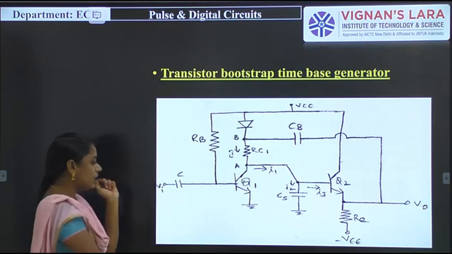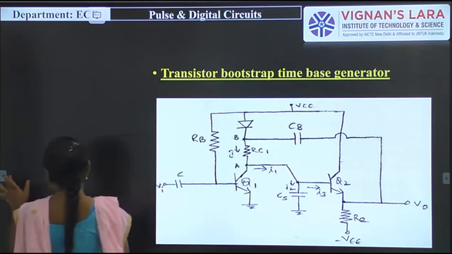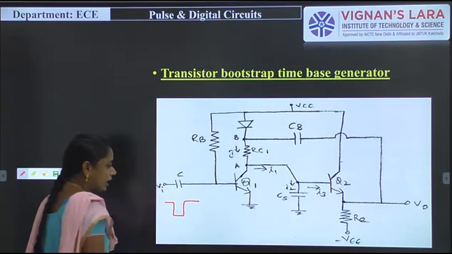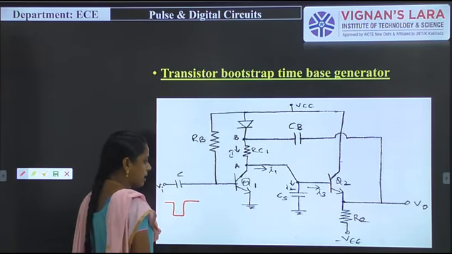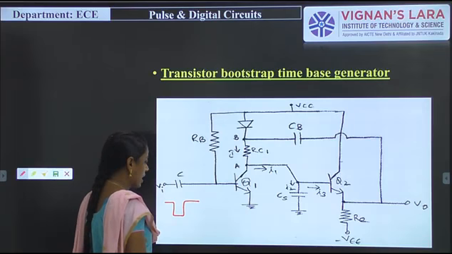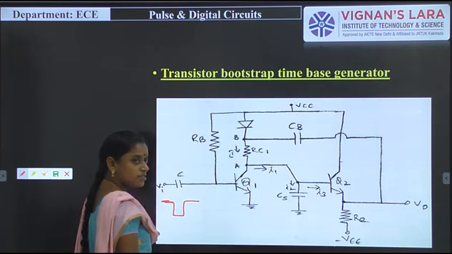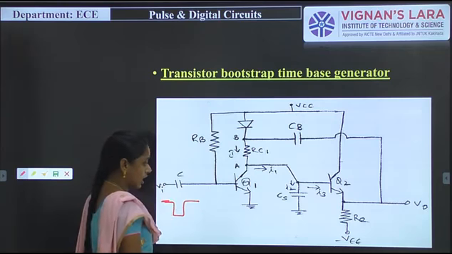So at that particular time, we apply an input signal, like a pulse signal. When a positive pulse is applied to the transistor Q1, what happens? Q1 is in on condition.